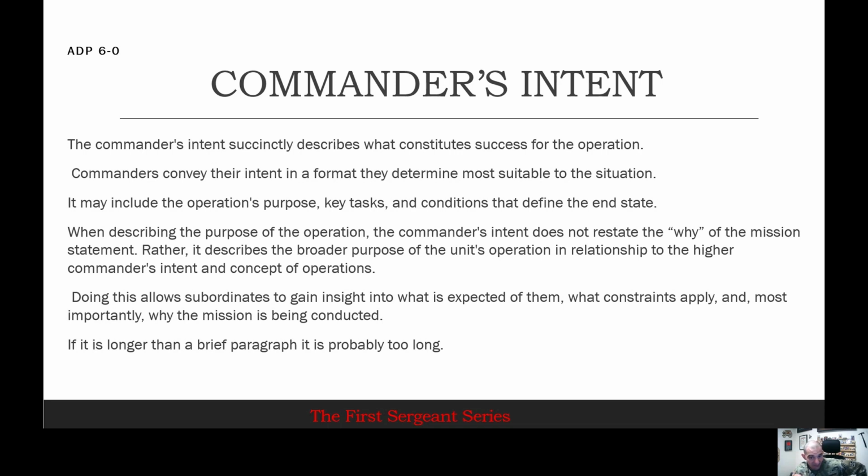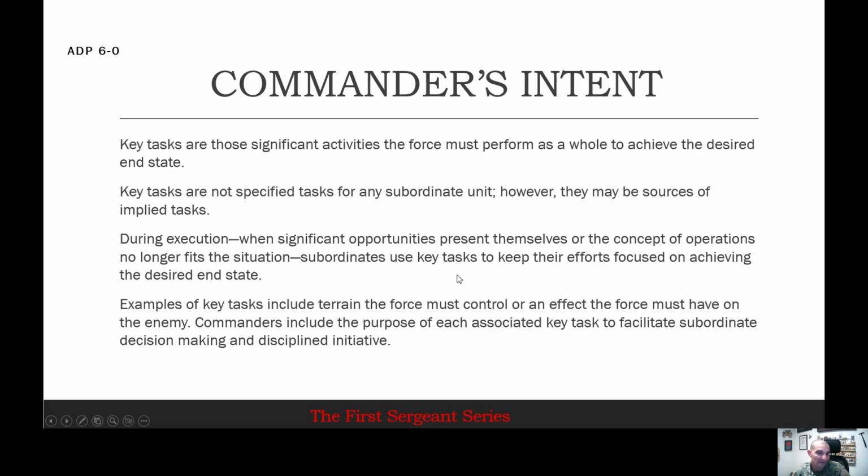Rather, it describes the broader purpose of the unit's operation in relation to the higher commander's intent and concept of operations. By doing that, it allows your subordinates to gain insight into what's expected of them, what constraints apply, and most importantly, why the mission is being conducted. It should not be longer than a paragraph. If it is, it's probably a little too long.